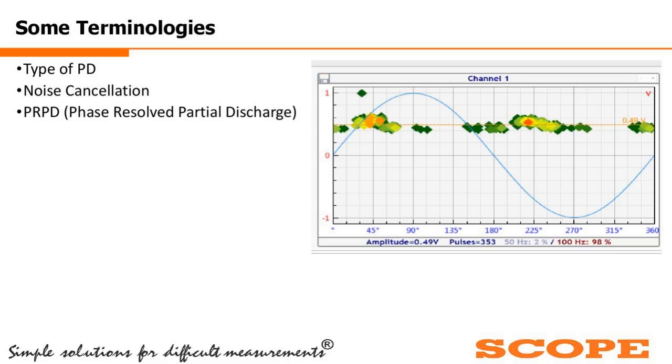With the help of it, you can easily identify the partial discharges as well as cancel the noise. Due to these reasons, you need to have PRPD in your PD measuring system.